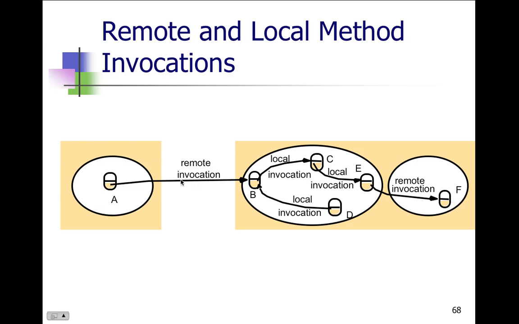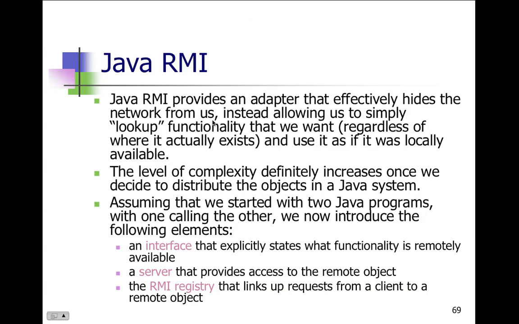So we don't have that strict client server, because technically this would be a client to this server over here. So we don't speak of it in terms of client server terminology anymore. This really becomes the distributed definition that we're thinking about. And when we say invocation, we're invoking methods, essentially running functionality.